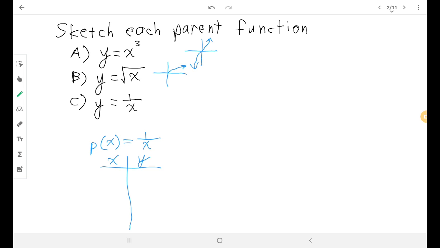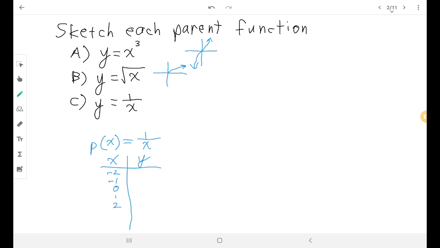And now let's start plugging in numbers, and let's start with the same numbers, but I'm gonna leave some space here. So we'll do -2, -1, 0, 1, and 2.